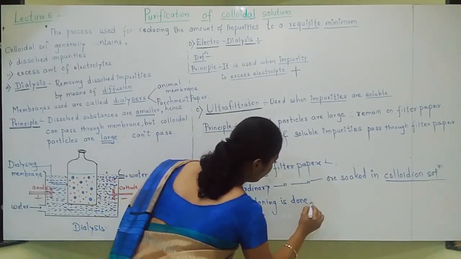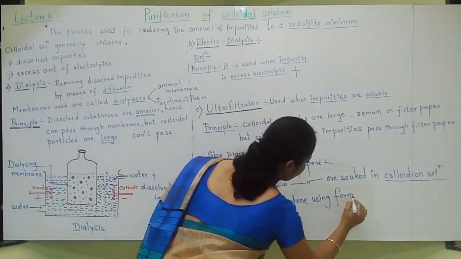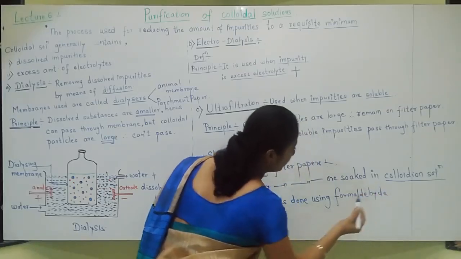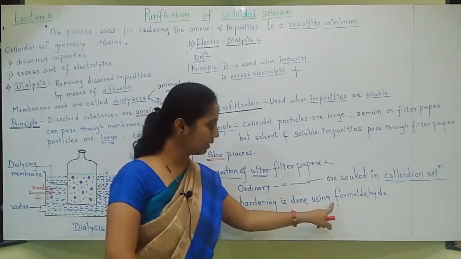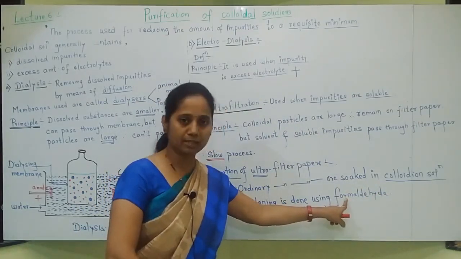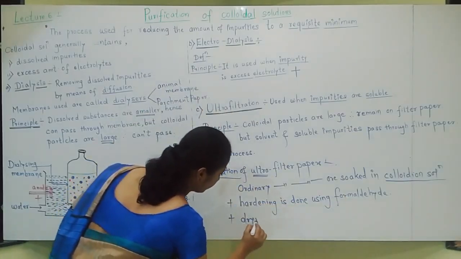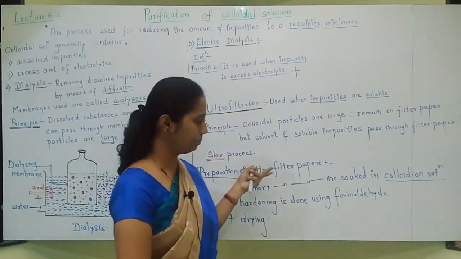Hardening is done using formaldehyde. Means what, students? The filter paper becomes weak and a little soft, that's why it is made hard by keeping it in formaldehyde, and then drying is done. And like this ultrafilter paper is prepared.